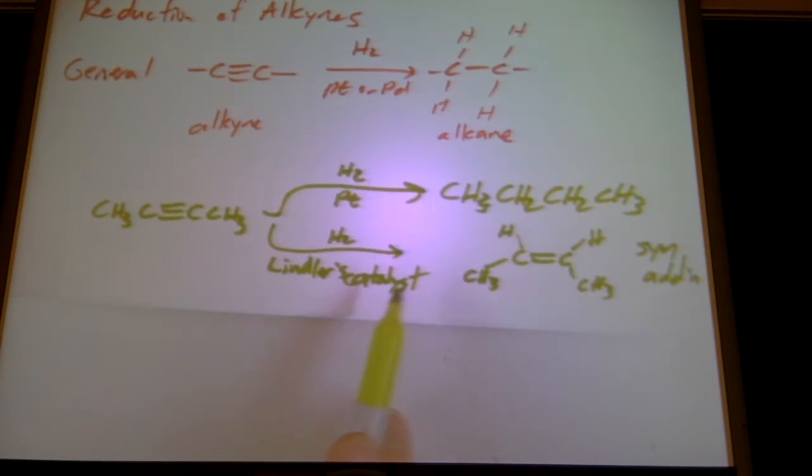Another method to do the same reaction, to stop at your double bond, is to use lithium or sodium and ammonia. So your notes say another method to convert an alkyne to an alkene uses sodium or lithium metal as a reducing agent in liquid ammonia. It should say sodium or lithium metal. You do not use both.